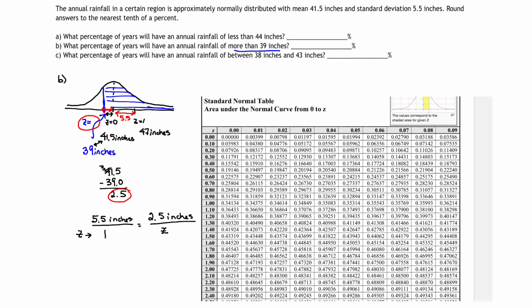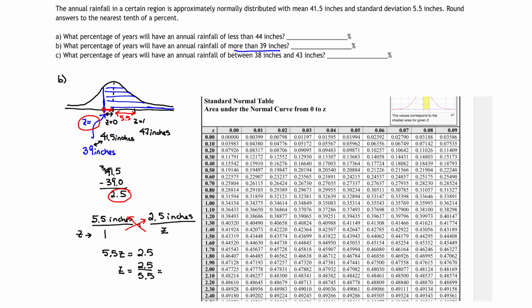So we're going to cross multiply to solve this. That takes us to 5.5 times z equals 1 times 2.5, or z equals 2.5 divided by 5.5. This should look really familiar.